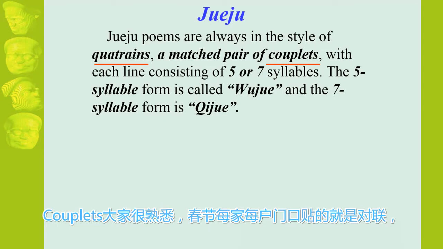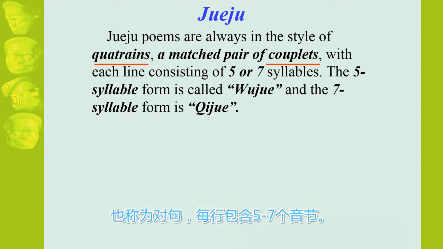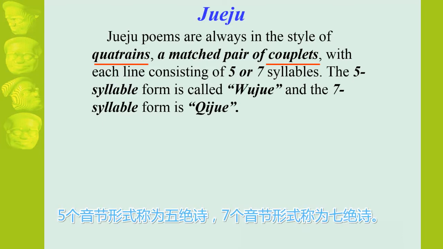Yes, during the Spring Festival, on each front door of a house, there will be a pair of couplets, 对联, 对句, with each line consisting of 5 or 7 syllables. The 5-syllable form is called 五绝, and the 7-syllable form is 七绝.